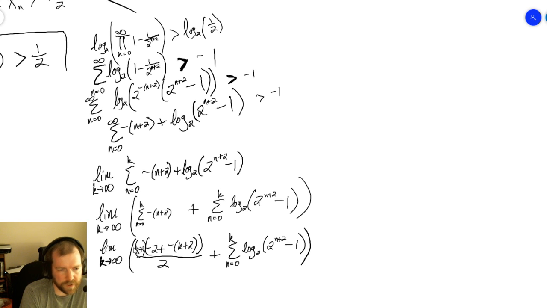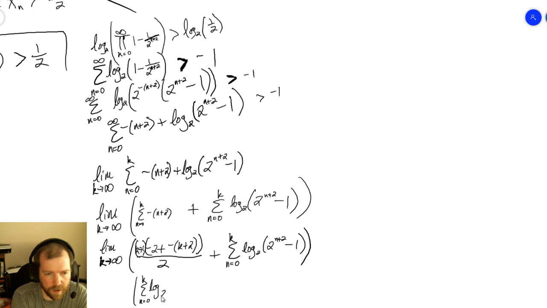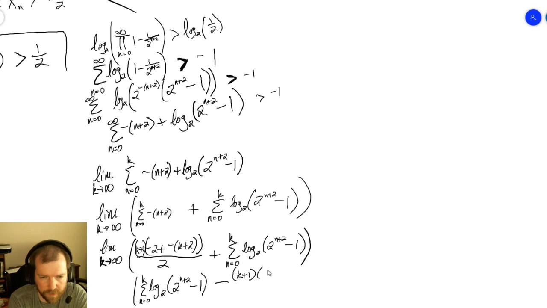All right, so then we could shift the negative out, and then we get, I keep doing that, n equals 0 to k, log base 2 of 2 to the n plus 2 minus 1, all right, minus k plus 1 times 2 plus k plus 2, so, okay, k plus 4, all divided by 2.